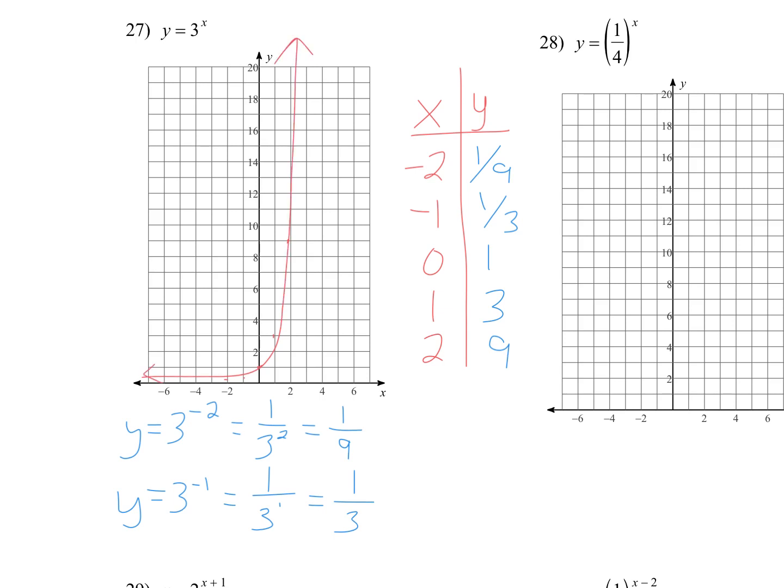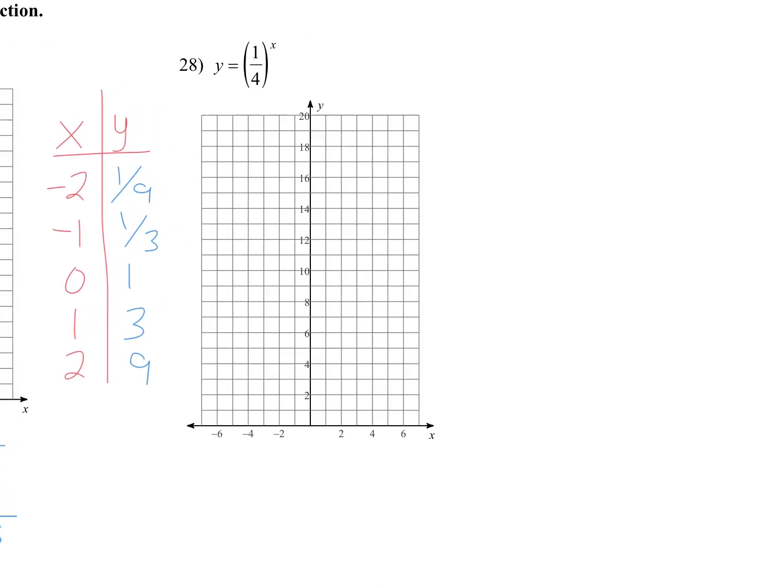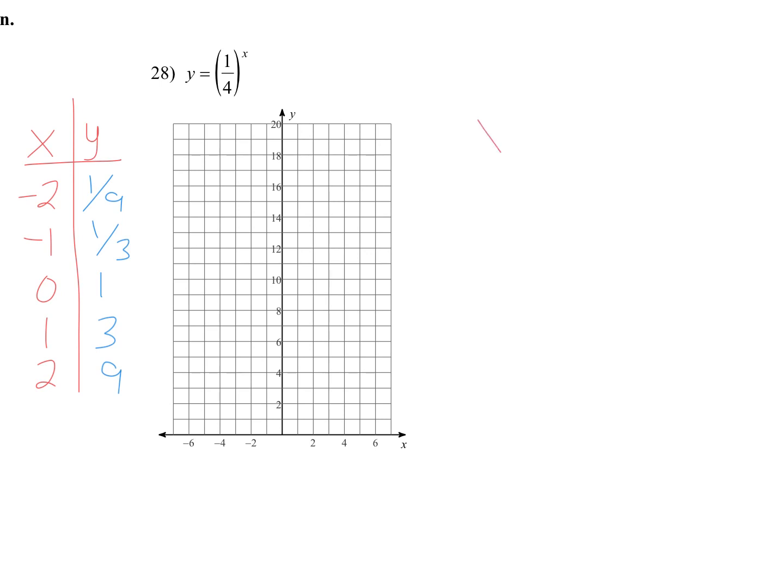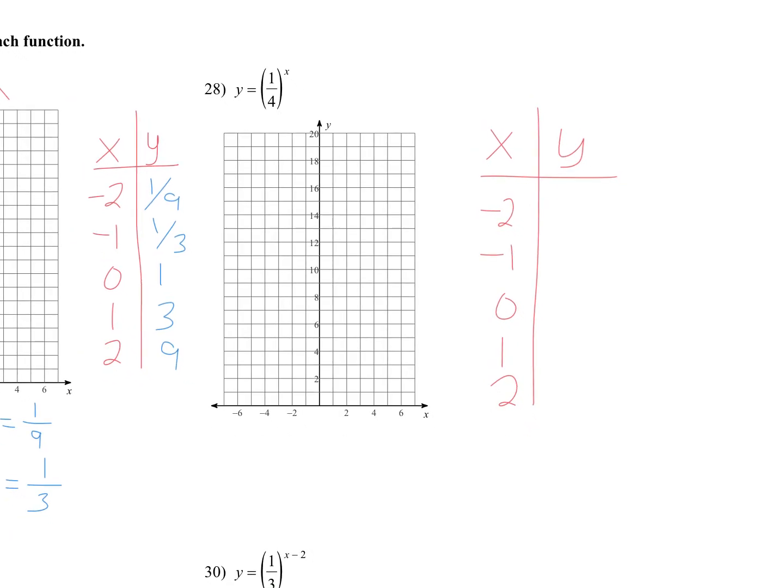So there we got exponential growth. Quick. Let's see what's going to happen to this one. So same XY table, same values. So we have -2, -1, 0, 1, and 2. So same thing, plugging in those separate values.